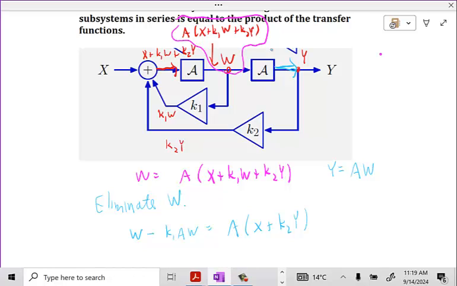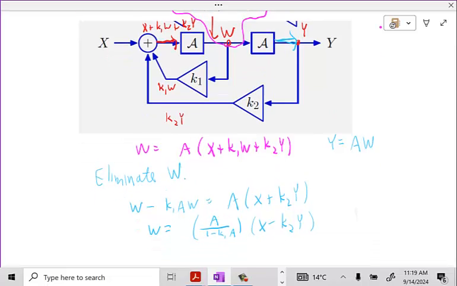That means that W equals, I could factor out the 1 minus K1, so that's A over 1 minus K1, times X minus K2Y. Now again, I don't have to worry about commutativity. I can use all my ordinary algebraic properties to do this. Now, to find Y, I just multiply both sides by A.